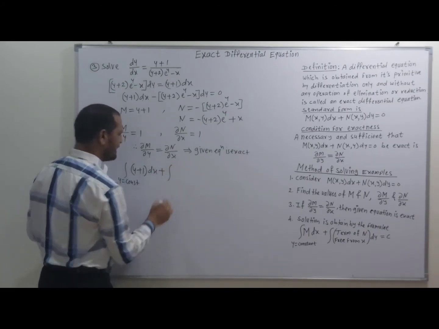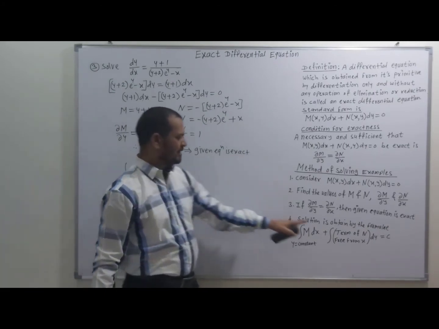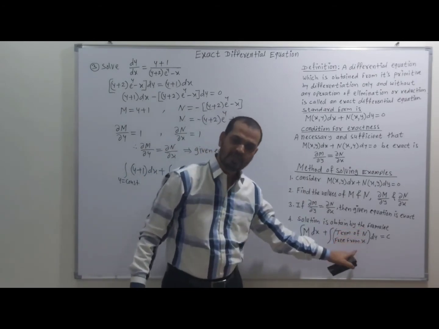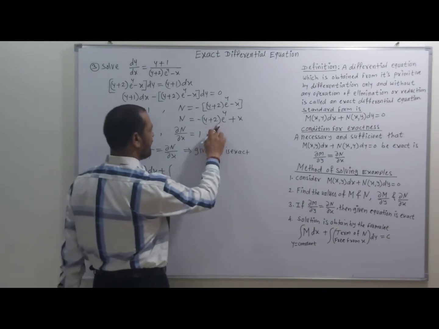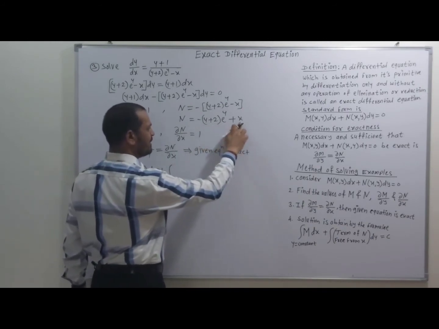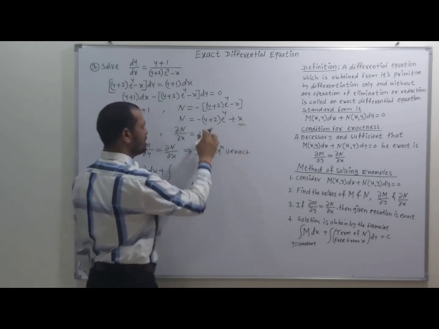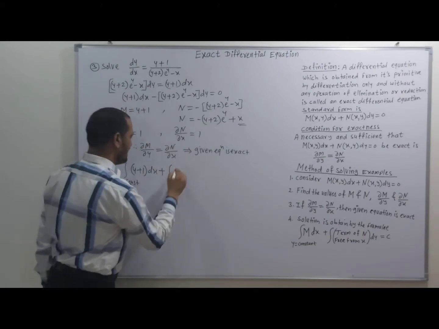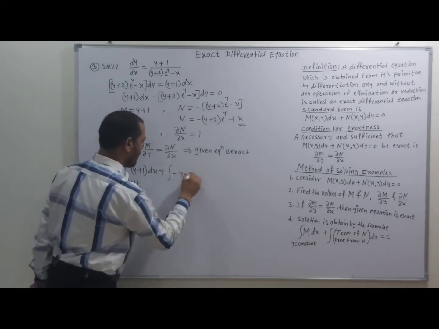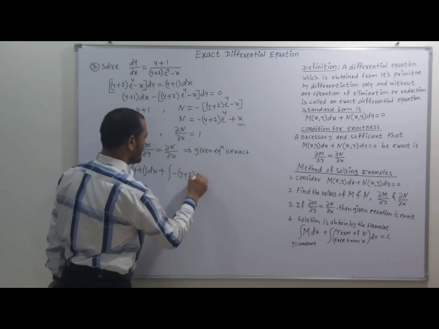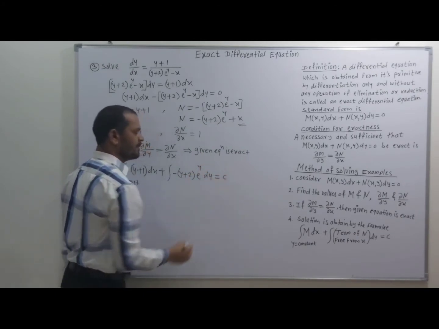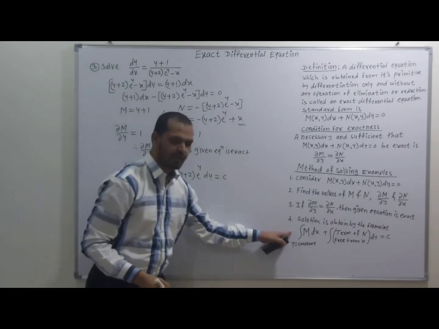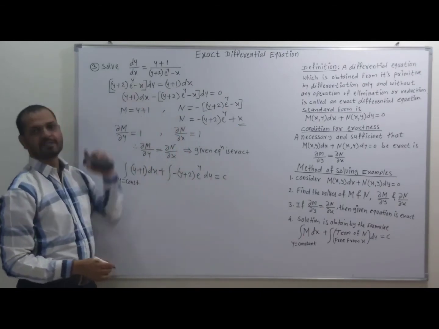Plus, according to this formula, we take only those terms from N which are free from x. Here x is available in this term, so we drop it. The term free from x is -(y + 2)e^y, so the integral of that dy is equal to c. In this way we use the formula to obtain the solution of this equation.